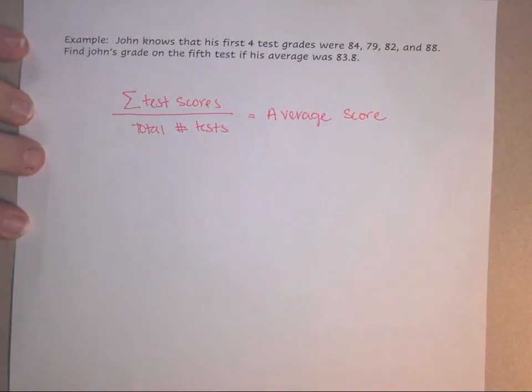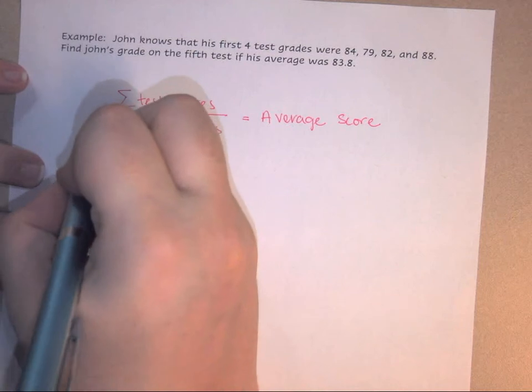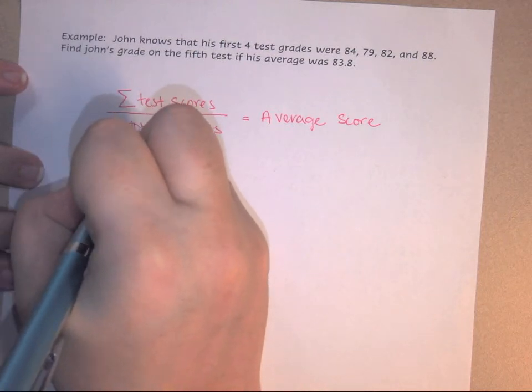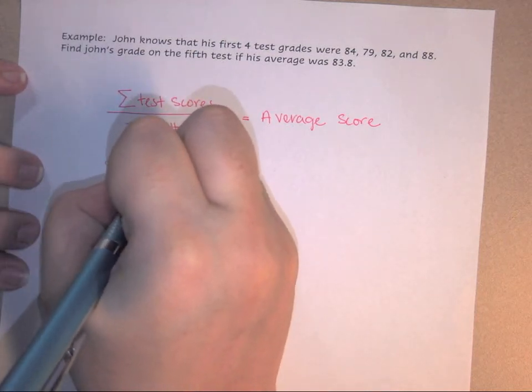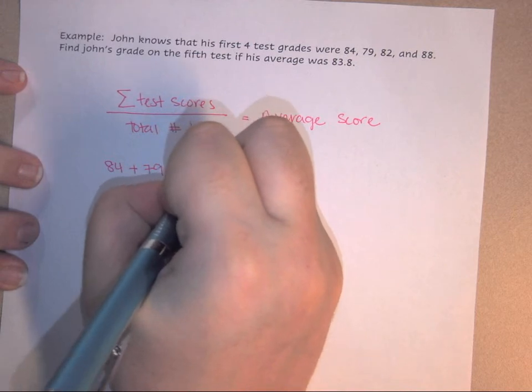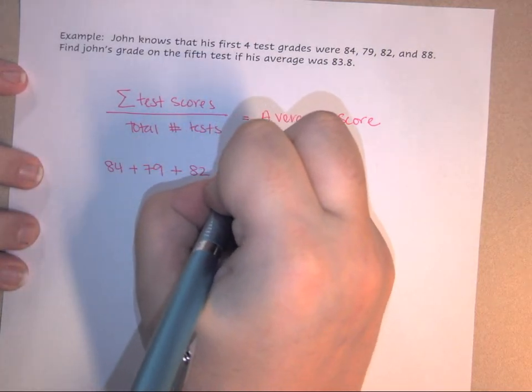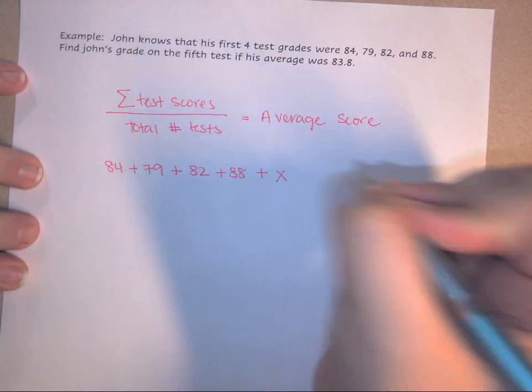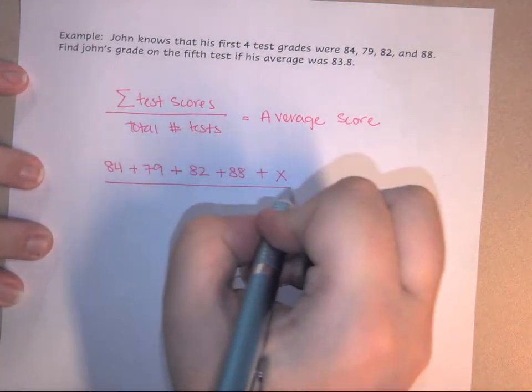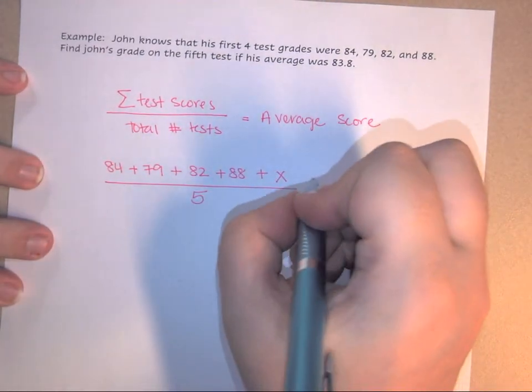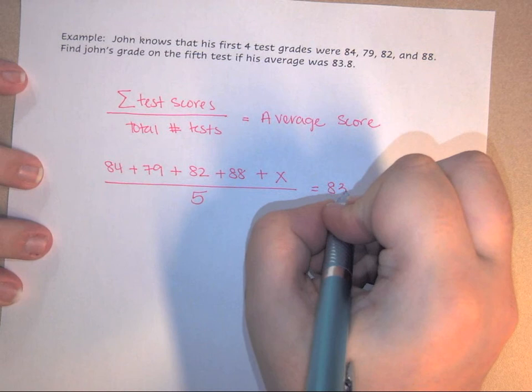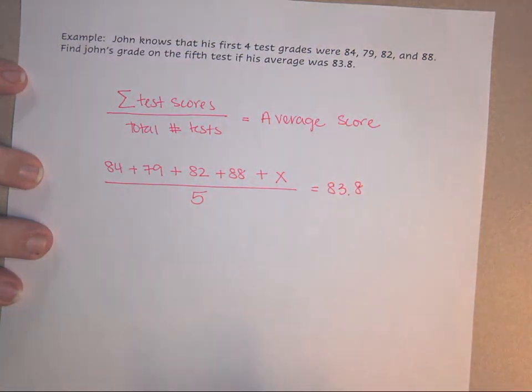Okay, so that is what we're doing. So here I have 84 plus 79 plus 82 plus 88 plus some unknown x, divided by 5 total tests, is going to give me 83.8.